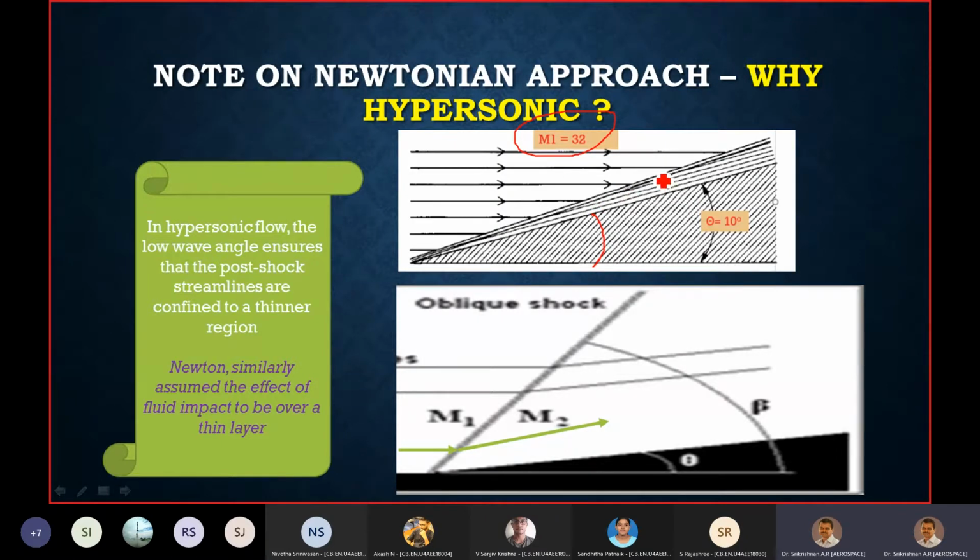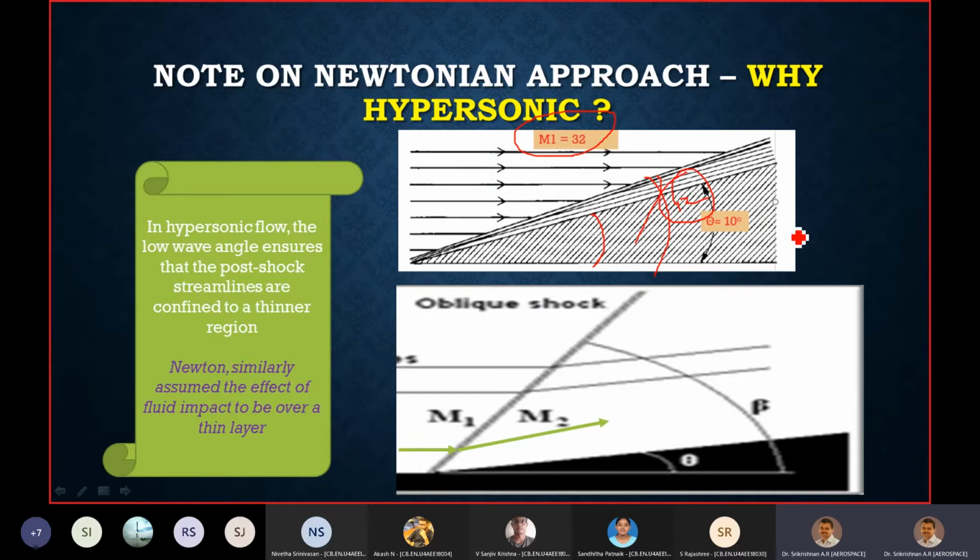For a weak shock formation, beta is about 18 degrees. Not 18, I'm sorry, I don't remember the number correctly. When it is 10 and 32, I guess it comes to something like 11 to 12. You can check the value of beta.